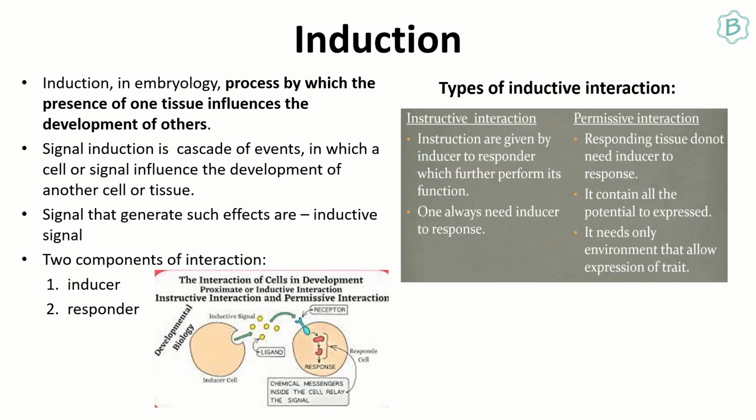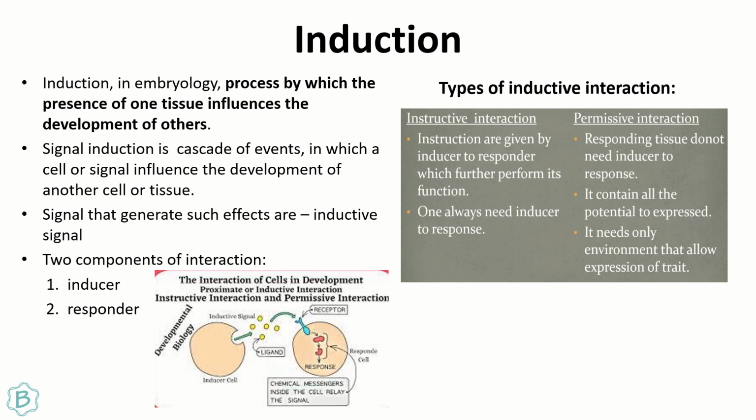Types of inductive interaction. Inductive interaction depends on what? First is instructive, where the inducer cell gives instructions to the responder cell. Second is permissive, related to the environment. As I told in the previous slides, there was an example: if we change the location, what will be the consequences or the result? Instructive interaction needs a particular signal, meaning the responder cell needs an inducer or inductive signal.